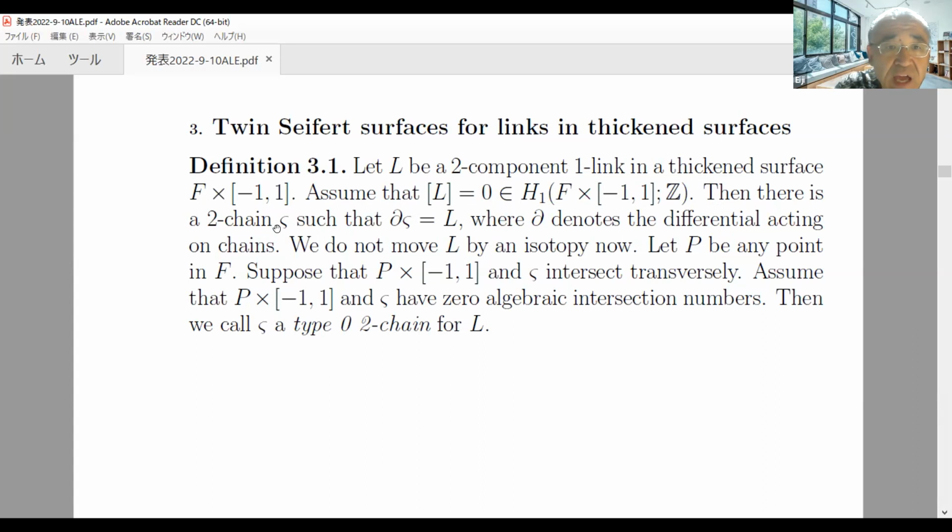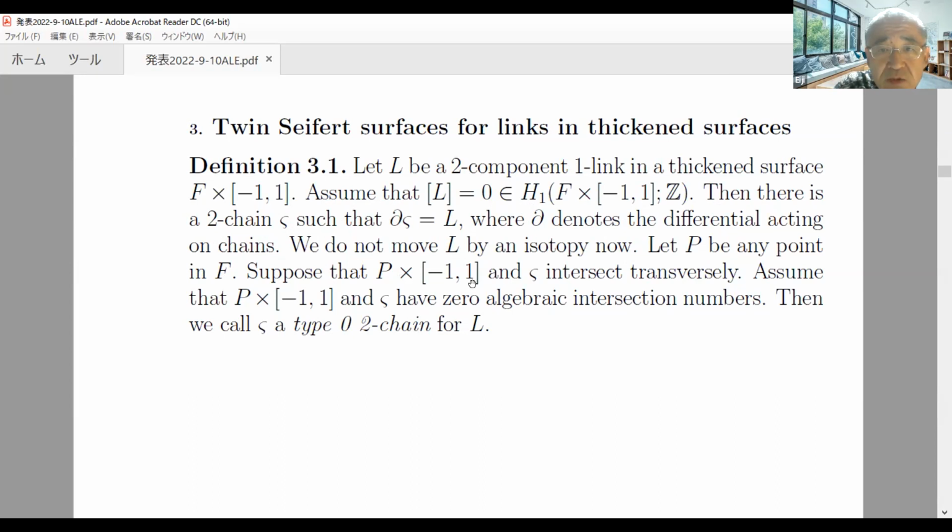There is a two-chain such that the boundary is L. The differential here is the differential acting on chains. Anyway, suppose it's a chain. We do not move L by isotopy for now.